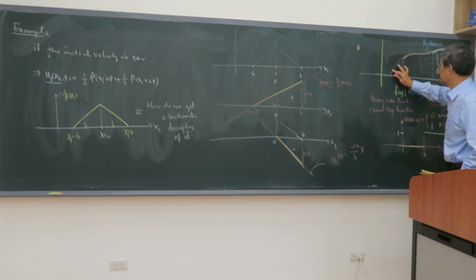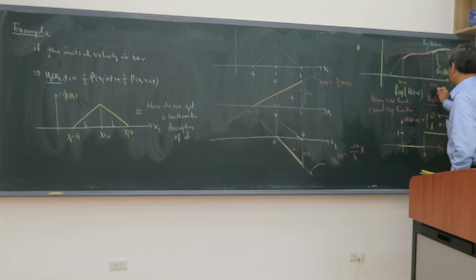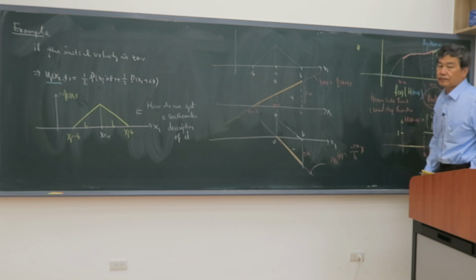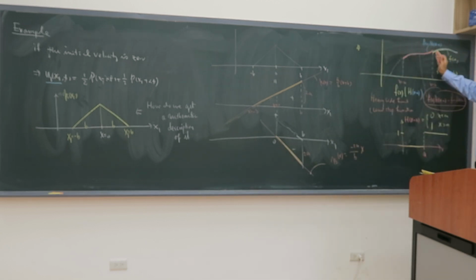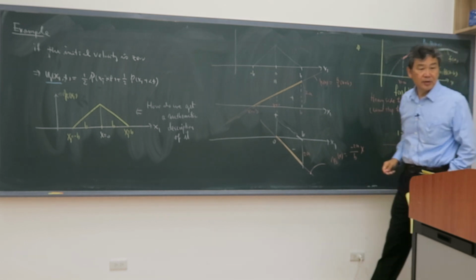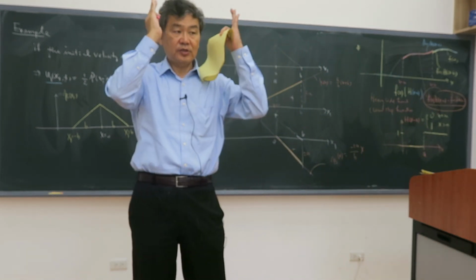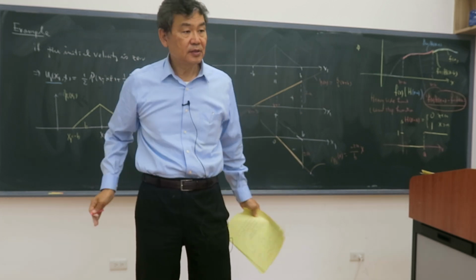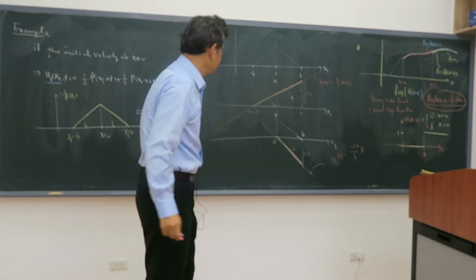Where is the dash? Okay, so this is this one. The blue part will be cut by the yellow part, and only the red part remains. So I can have any continuous function, I just chop part of it. I just use the Heaviside function to write it. All right?